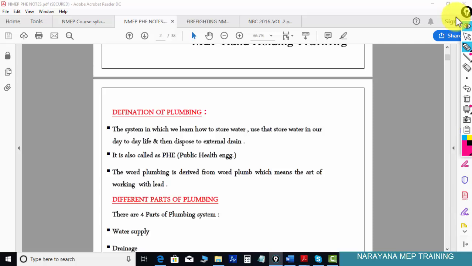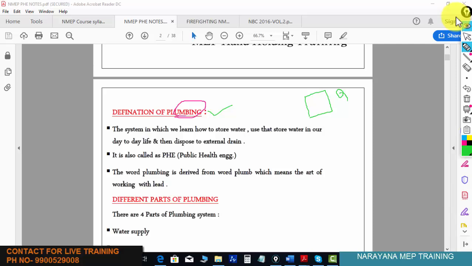So, first is the definition of plumbing. What is plumbing? The real meaning. Plumbing generally is for a building. The exact meaning of plumbing is how you will use water, how you'll store the water in your day-to-day life and use that water for taking a bath, for cooking, for going to the toilet.